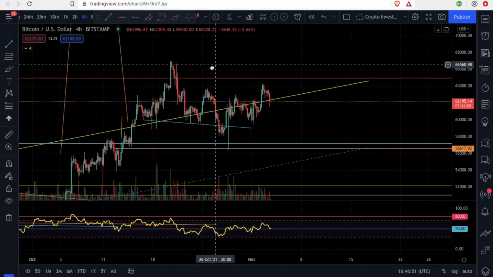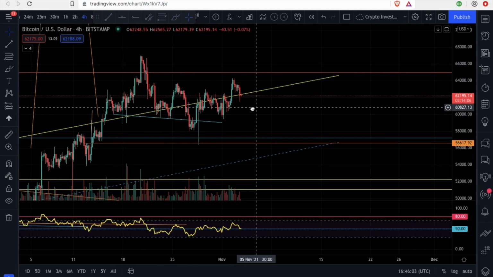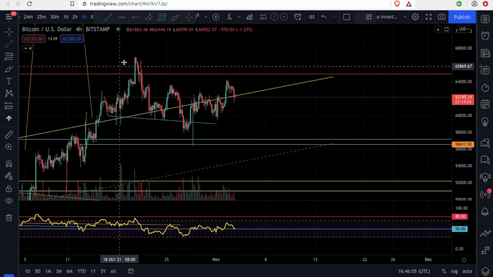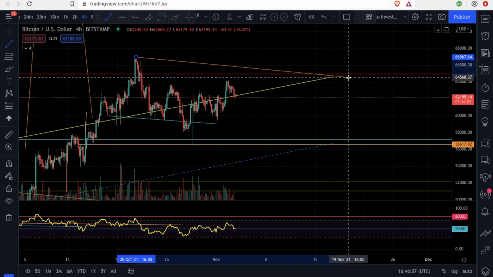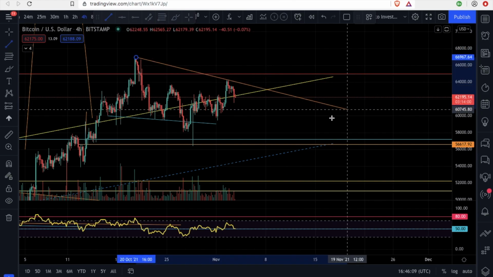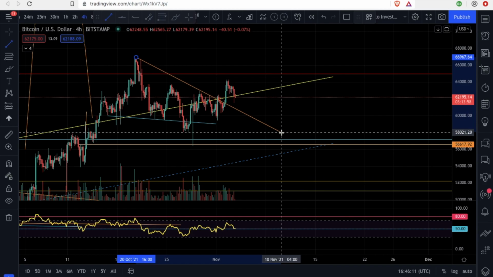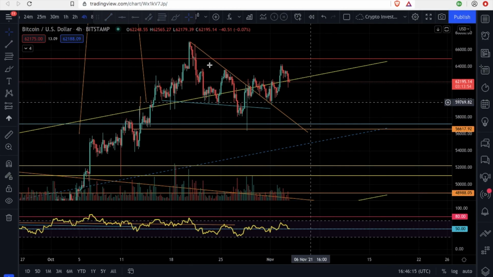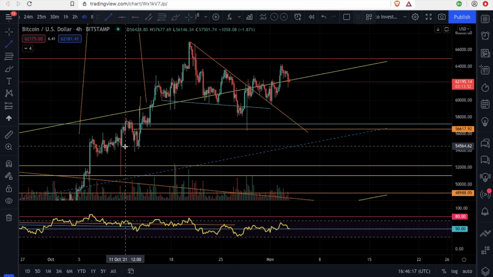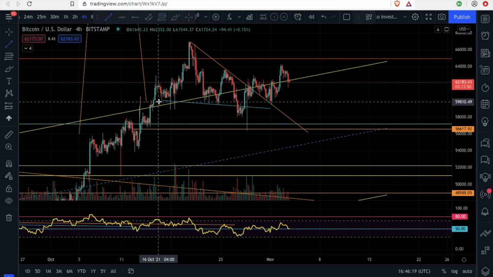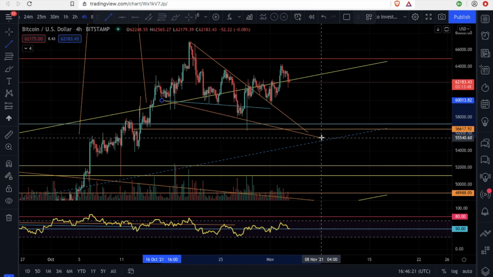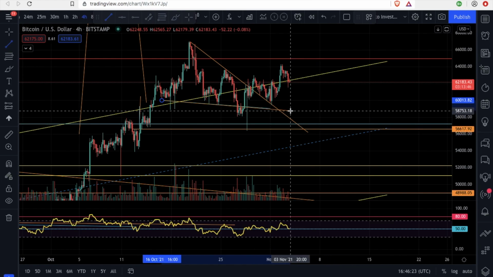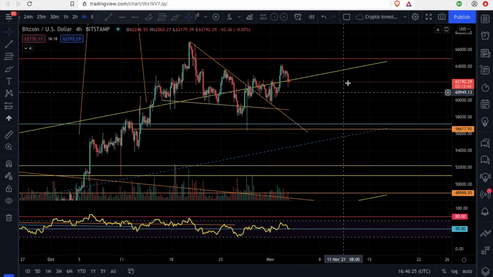So the pattern I'm seeing right now in the Bitcoin price is this one. I'm going to draw this as I go. The Bitcoin price was following this pattern right here, and I'm going to draw the support line right here because it was here.